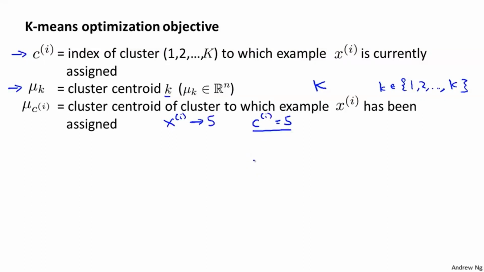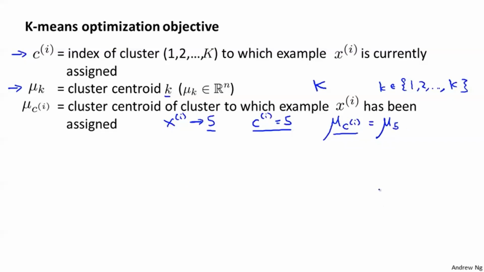Because having ci equals 5, that's what it means for the example xi to be assigned to cluster number 5. And so mu subscript ci is going to be equal to mu subscript 5, because ci is equal to 5. And so this mu subscript ci is the cluster centroid of cluster number 5, which is the cluster to which my example xi has been assigned.